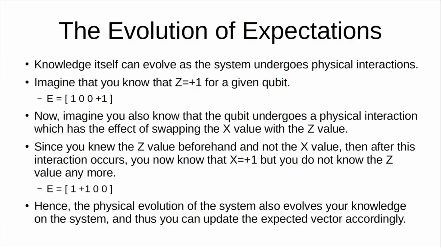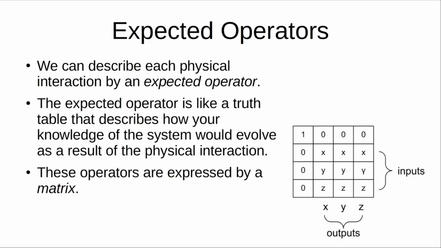So your expected vector would have to change to 1, +1, 0, 0, because now you know the x value, but you don't know the z value, because the physical interaction swapped the two values. Hence, the physical evolution of the system also evolves your knowledge about the system, and thus you can update the expected vector accordingly.